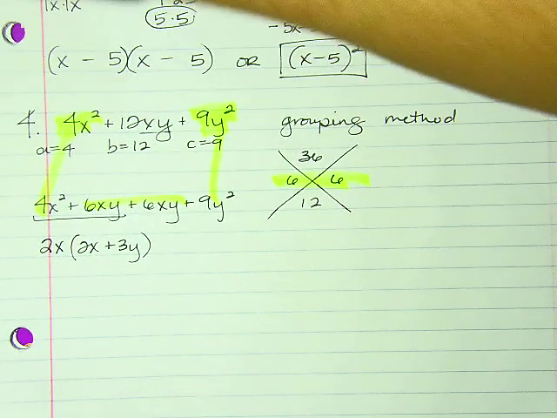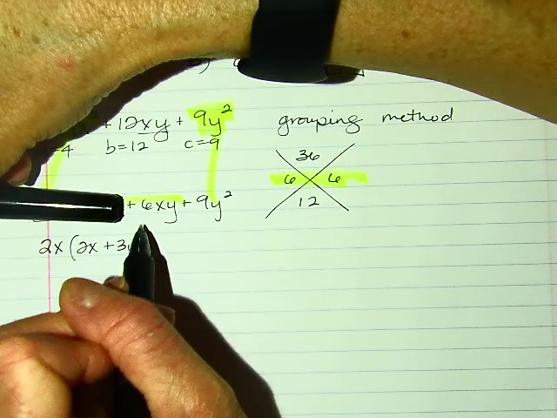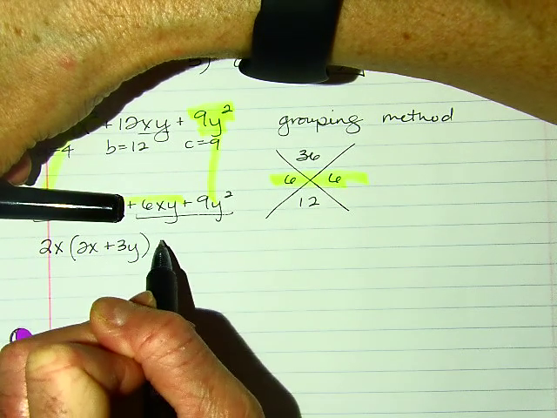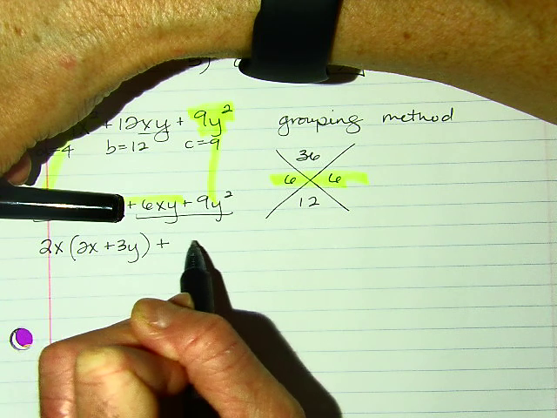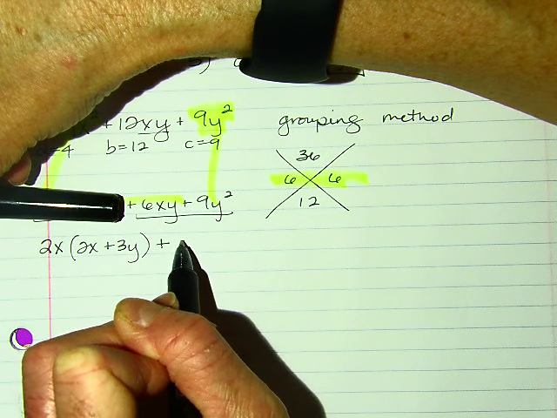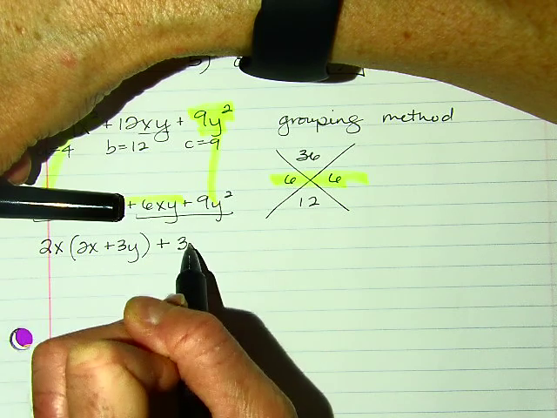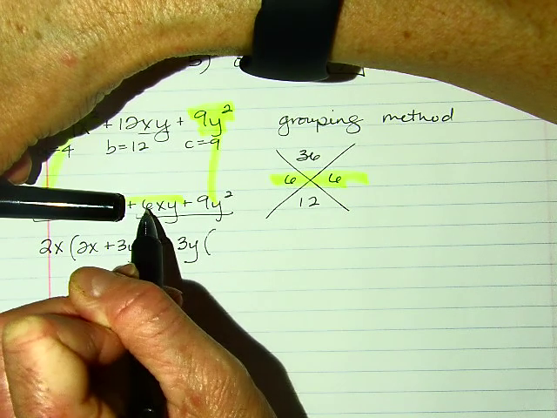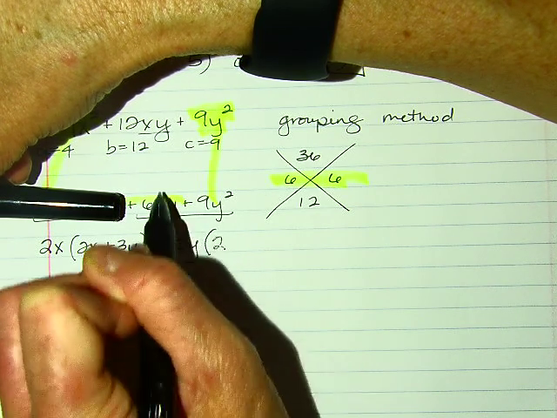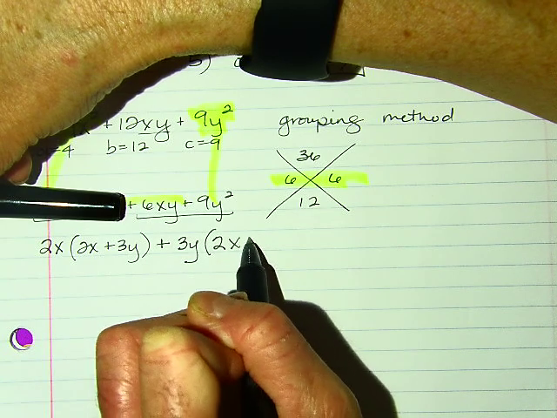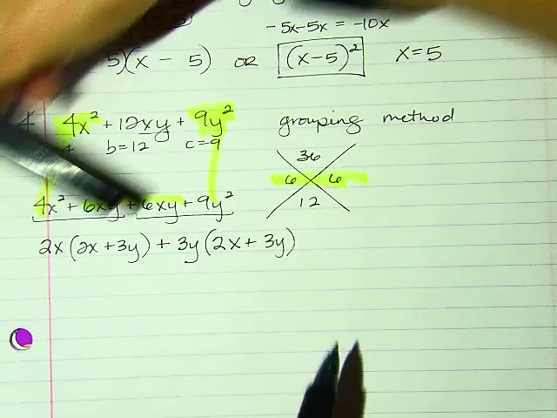If I group the next two, they're both positive, and actually 6 and 9 are divisible by 3, and these both have a y. 6 divided by 3 is 2. The y's cancel. I'm left with x. And here I'm left with 3y.